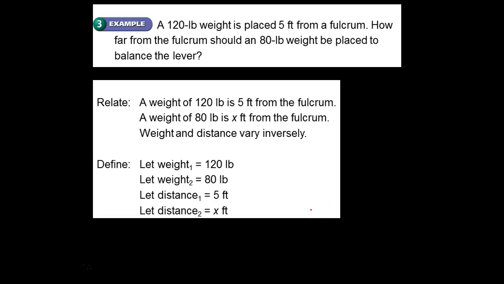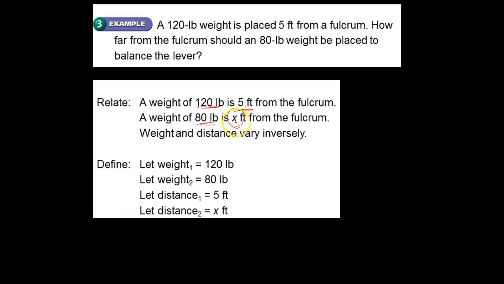Example 3: a 120-pound weight is placed 5 feet from a fulcrum. How far from the fulcrum should an 80-pound weight be placed to balance the lever? So figuring out what we know here: a weight of 120 is 5 feet, and a weight of 80 pounds is unknown.